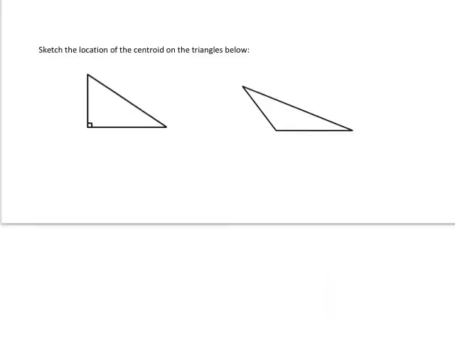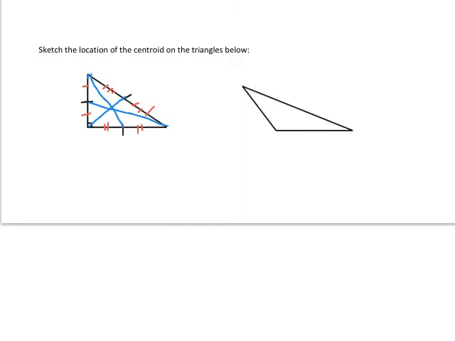You could cut this triangle out and balance it on its centroid, and it should stay pretty well balanced. Now if I were to sketch the centroid of the triangles here, I would sketch where the halfway point is on each side of the triangle, and then put my markings in to show that they are cutting that side in half. The median is going to go from a vertex to the midpoint, vertex, midpoint, vertex, midpoint.